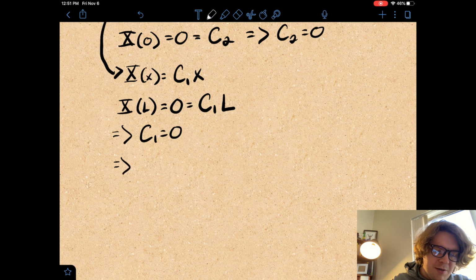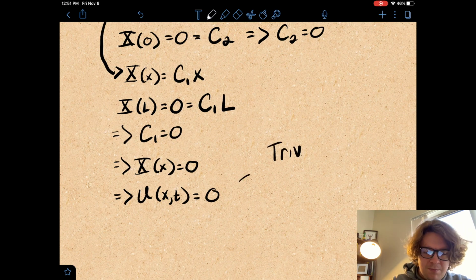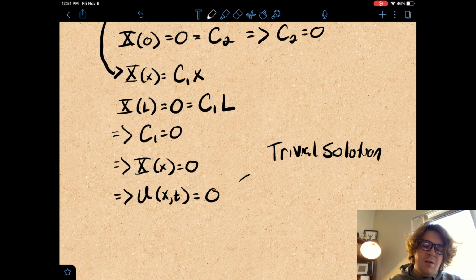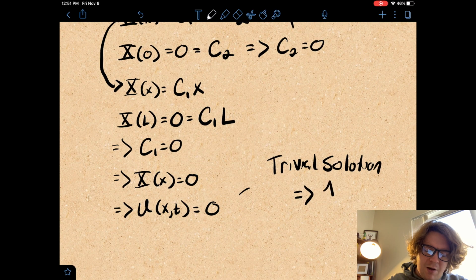But if c1 equals 0, that means X of x equals 0. But if X of x is 0, that implies that u of x and t is also equal to 0, which is a trivial solution. So what that tells me is that lambda cannot be equal to 0.